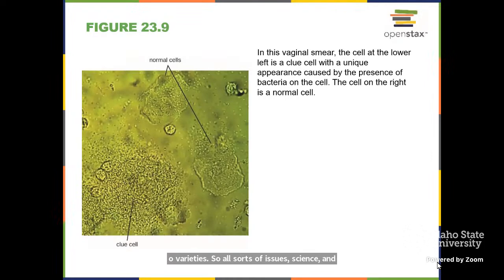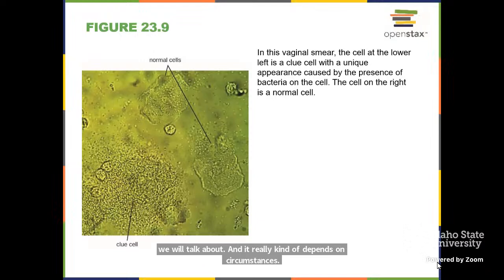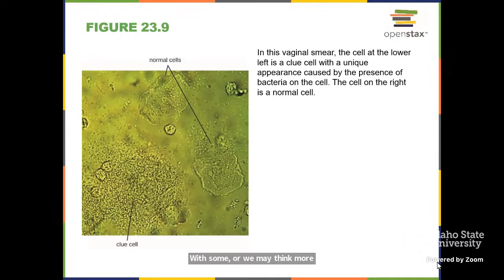Okay, so shifting away from the urinary tract to thinking more reproductive tract and potentials, there are numerous things that we will talk about, and it really depends on circumstances with some, where we may think more common to see in females than in males.